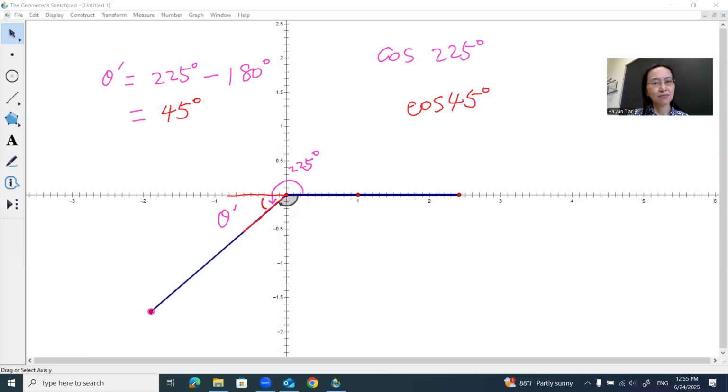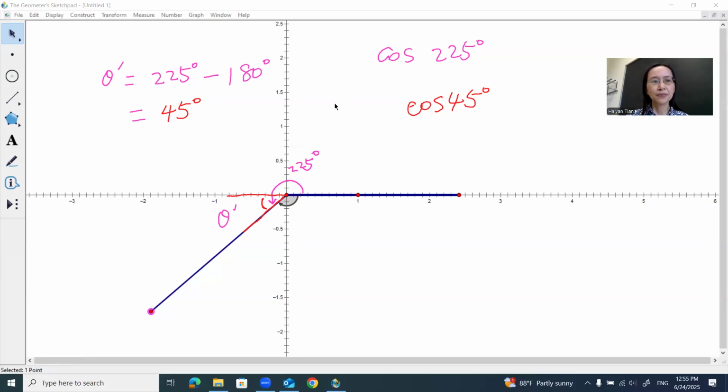So therefore, trig functions are always positive for any reference angle. So this is positive, but cosine 225 degrees is not necessarily positive, as we know the cosine function is negative for an angle in the third quadrant.